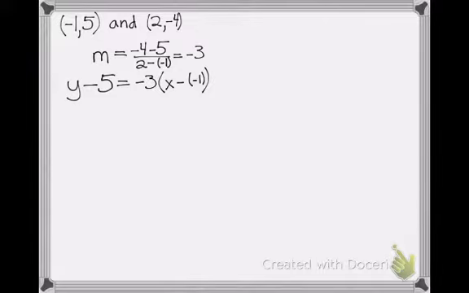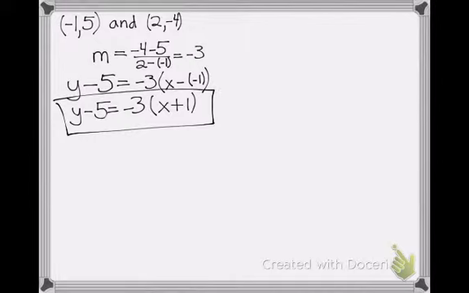Now we can rearrange this just a little bit on the right-hand side, and what we'll get is y minus 5 equals minus 3, that's the slope, times x plus 1.